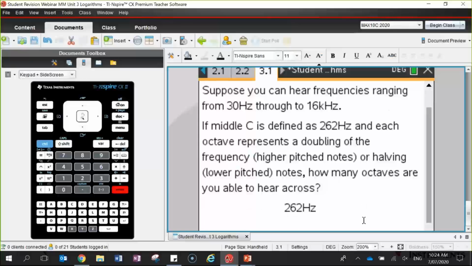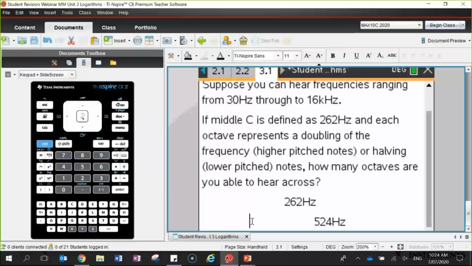Okay? Now, I can either double the frequency to get my higher pitch notes. So if I double 262, I get 524 hertz. Or I can halve. So if I halve that, I get 131 hertz.